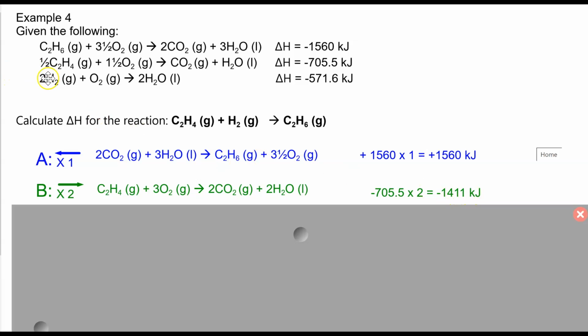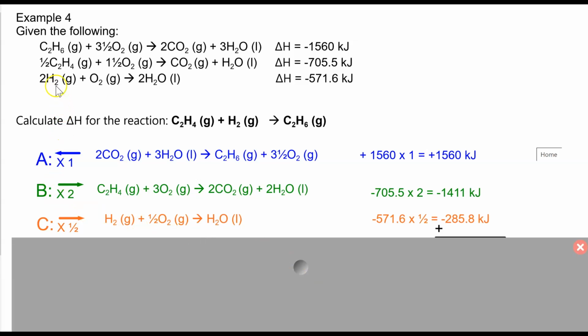And now we're going to evaluate the final one. In this final one, I'm going to see if there's anything I can focus on that's unique to this, meaning that I have H2 gas here and H2 here, but I don't have H2 anywhere else. So I focus on H2. I know I need H2 to be a reactant, and I need only one of them.